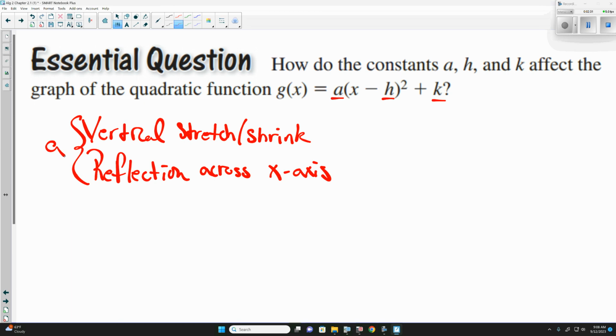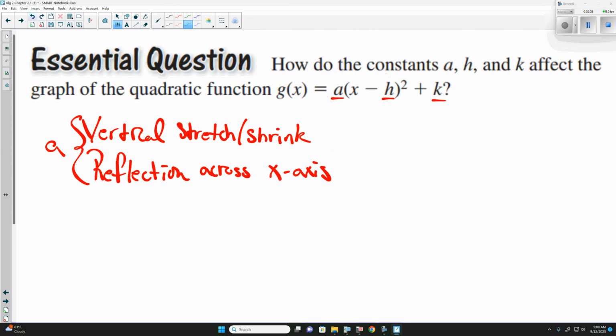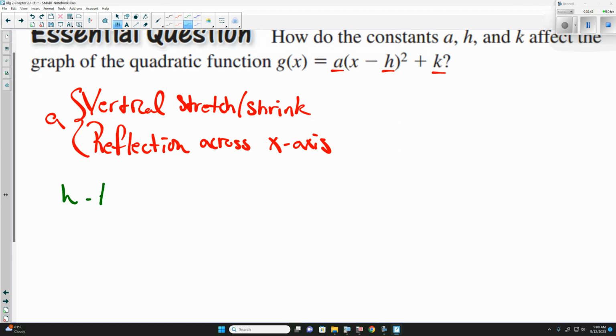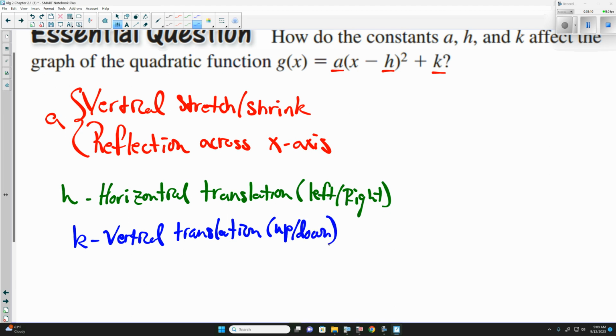If that value is negative, then it's a reflection across the x-axis. h is our horizontal translation. This is our left or right. And lastly, k is our vertical translation, which is our up or down.